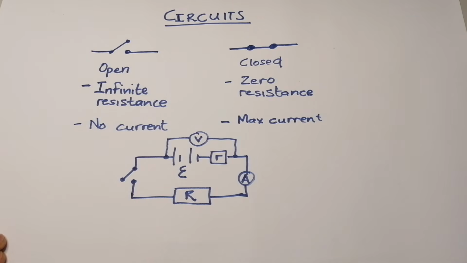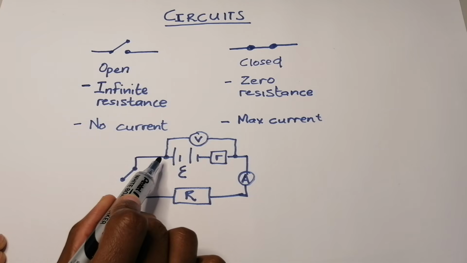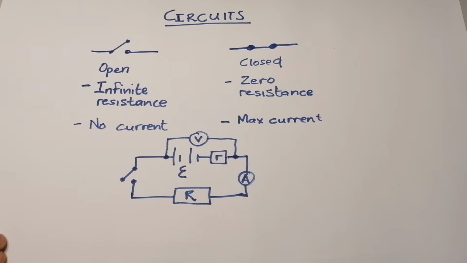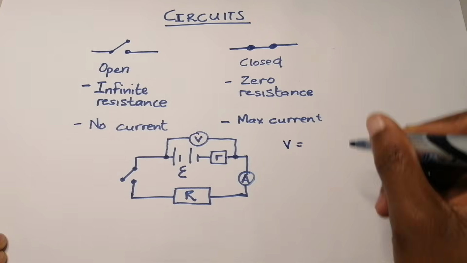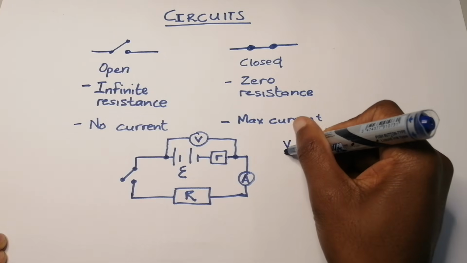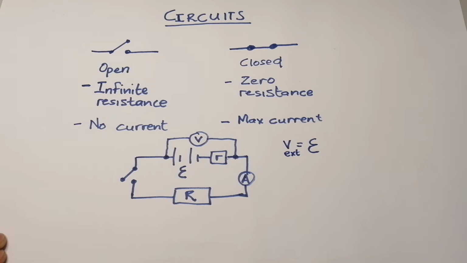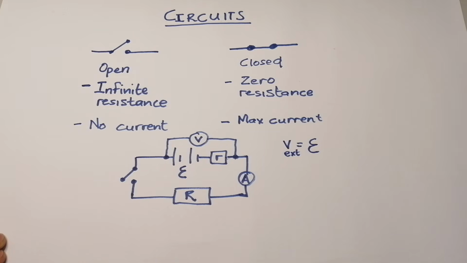So when this switch is open, and I measure across the battery, the value V that is measured there will be the value of the EMF. So it means that my external voltage will be equal to the EMF value.